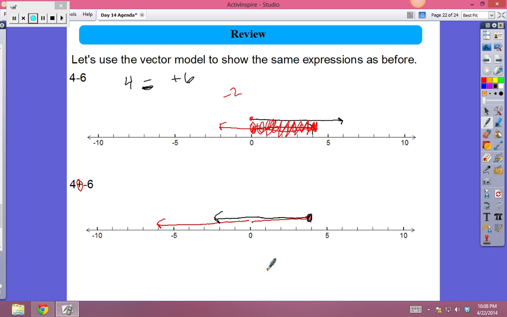So additive inverse says all these opposite directions are going to zero out, and I'm left with this chunk right here, which is a magnitude of 2 but negative direction. So the same solution, but 2 totally different contexts, even in vectors and chips.